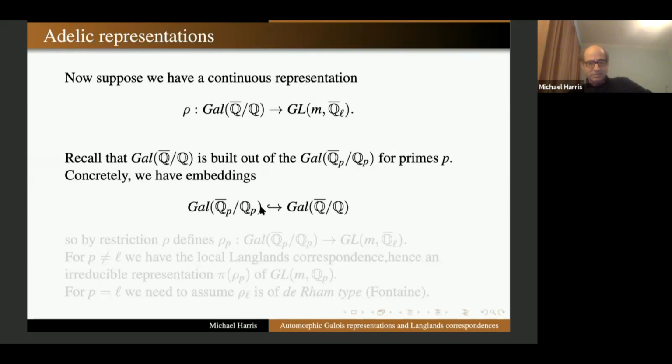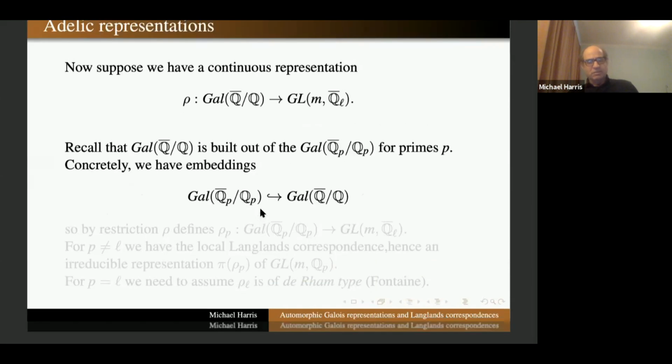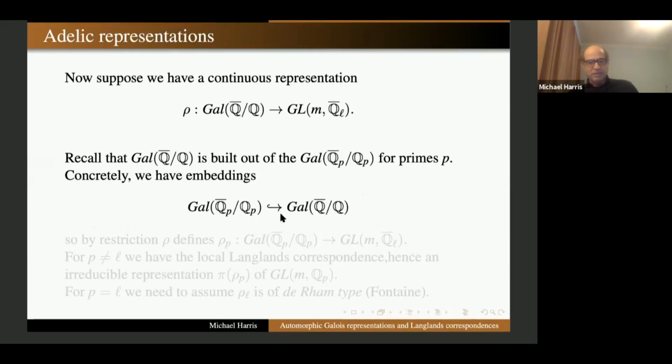These are not unique, but they are equivalent up to conjugation, and that's all that matters for the purposes of what I'm about to say. So when we have such a continuous representation, we can restrict it to this Galois group, call it rho P, and this restriction is unique up to conjugation. So as an equivalence class of homomorphisms, it's well defined.